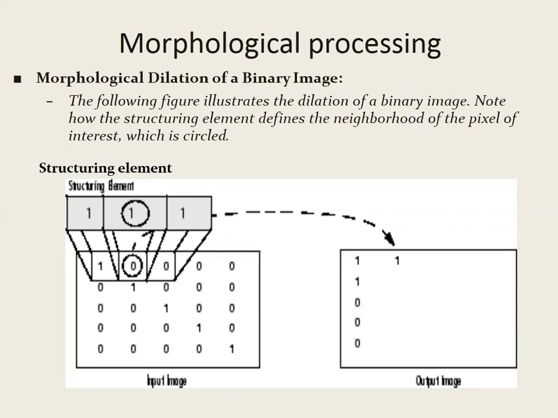So our structuring element is in 1 by 3 dimension. We are fitting this structuring element at each of the pixel values within the input image. Here we are trying to dilate the image. Dilating means trying to recover the foreground pixel.